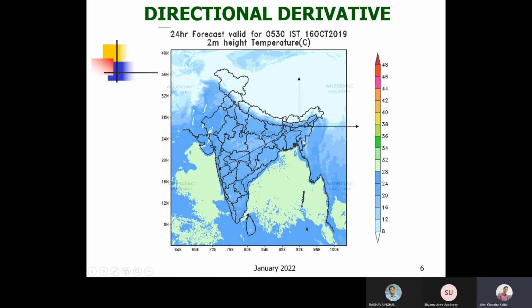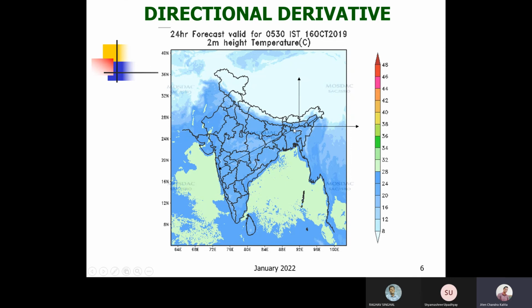We already know about partial derivatives of a function of two variables. So if I consider temperature as a function of two variables, to find the rate of change of temperature in this direction, I'll simply find the partial derivative of the temperature function with respect to x, and here I'm going to find the partial derivative with respect to y.